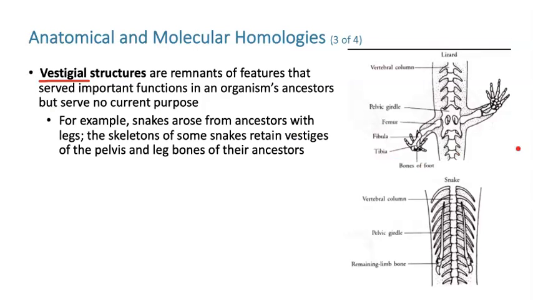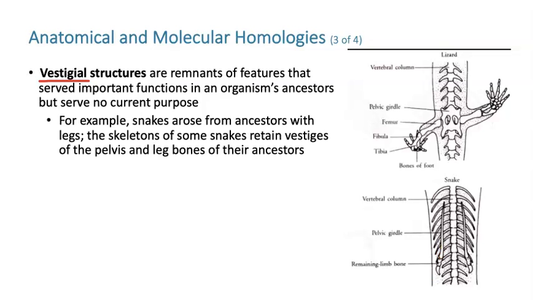But if you look at the skeleton of some snakes, you will see a vertebral column, just like you would expect in a vertebrate. And you will see a pelvic bone, and you will see bits, just a little bit, or remnants of a limb bone. That's that one bone that's connected to like the shoulder area.